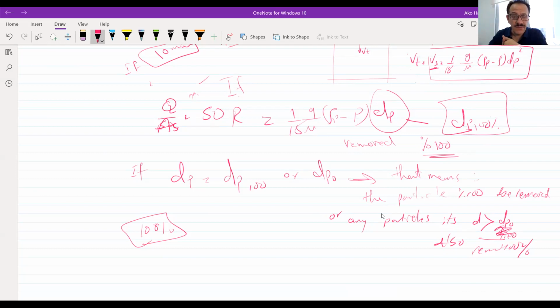So if you want a very good design, you have to first check the solids that you have in the raw water. Then, based on that raw water, you will find the settling velocity for those particles. It's easy, just apply this equation. Then you will get the SOR, the required SOR for that particle to be removed.